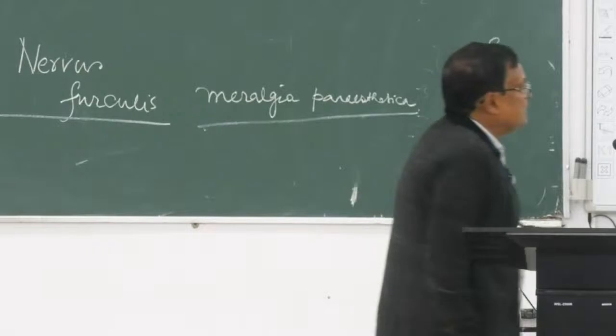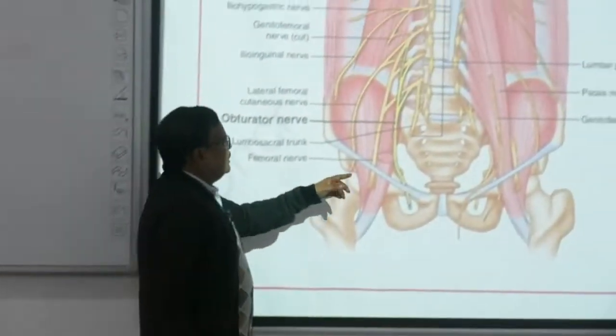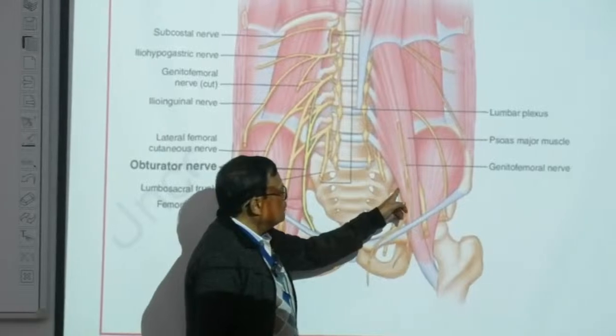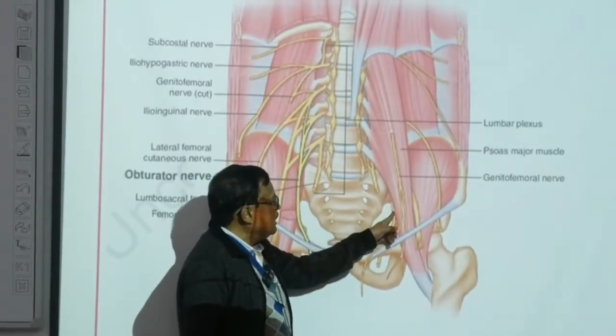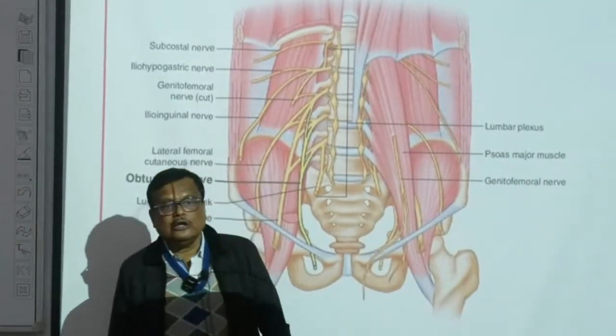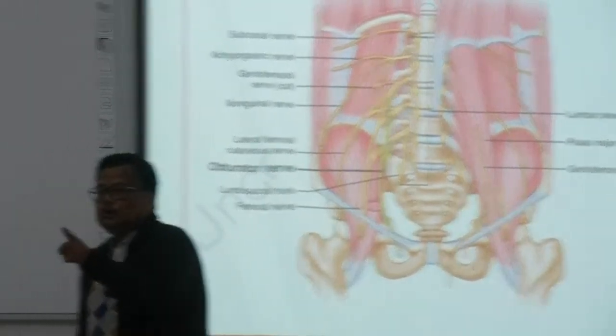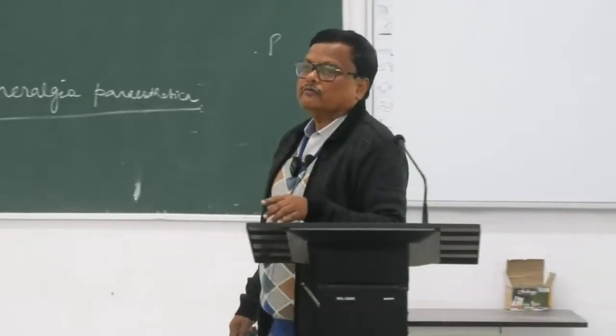That's done. Now I am telling two more important nerves. One comes out piercing the medial border of the psoas major muscle and passes under the inguinal ligament, but not through the femoral sheath, and it is the femoral nerve.